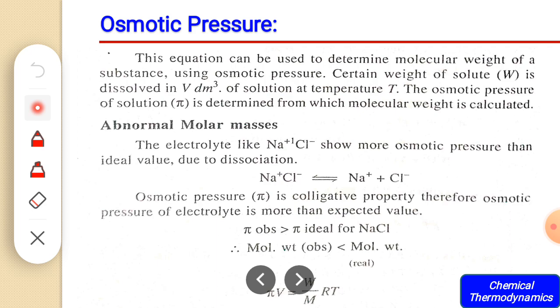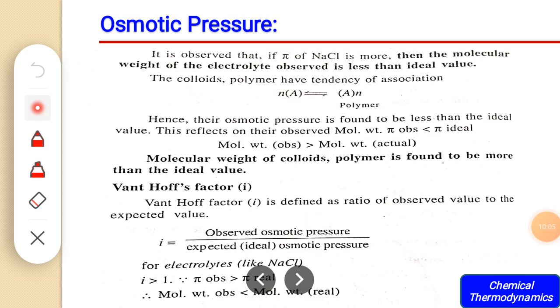If we prepare a solution of sodium chloride, it produces Na+ and Cl−, and the osmotic pressure, as a colligative property, depends upon the number of particles in the solution. Therefore the osmotic pressure of electrolytes is more than expected as the number of particles increases. Therefore the observed molecular weight is going to be smaller than the actual or expected molecular weight.